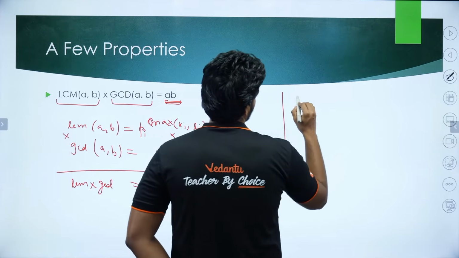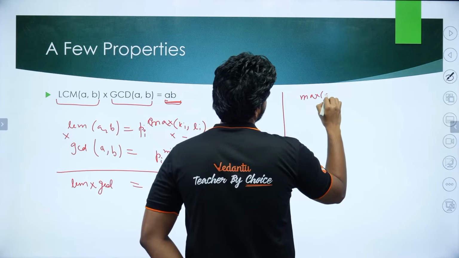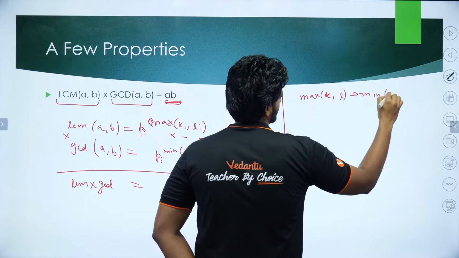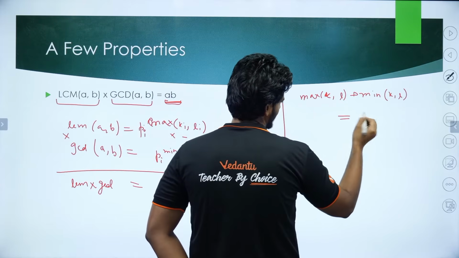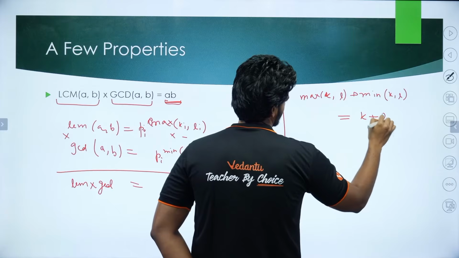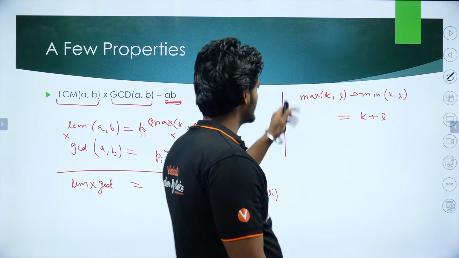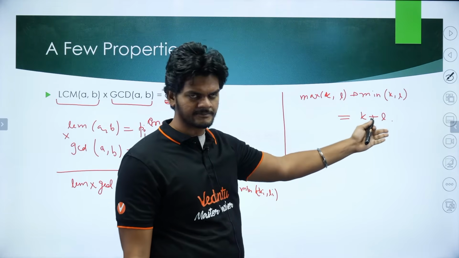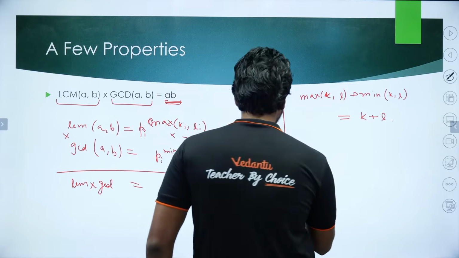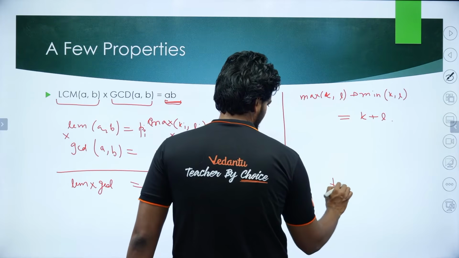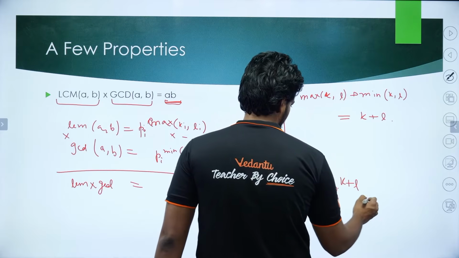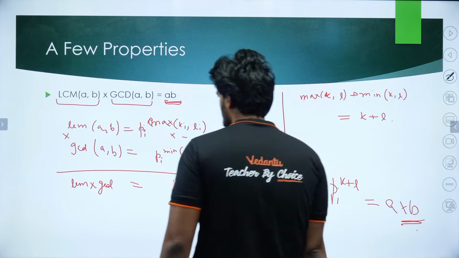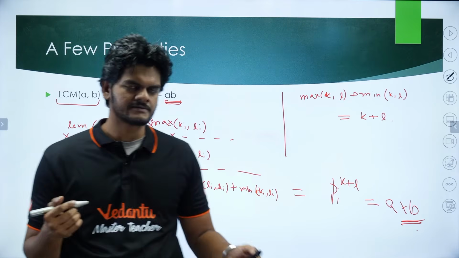Now, max of K comma L plus min of K comma L, wouldn't that always be equal to K plus L? Since you are just adding, one of them will be maximum and one of them will be minimum. Whatever the order be, when you are adding, it will simply be K plus L, right? So this will simply be Pi power K plus L, and that would give you A into B. Isn't that obvious?